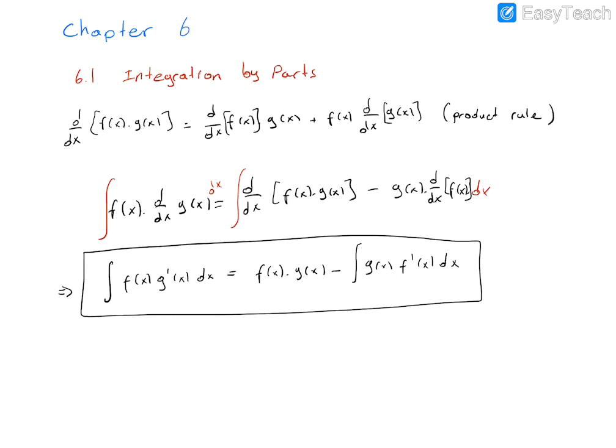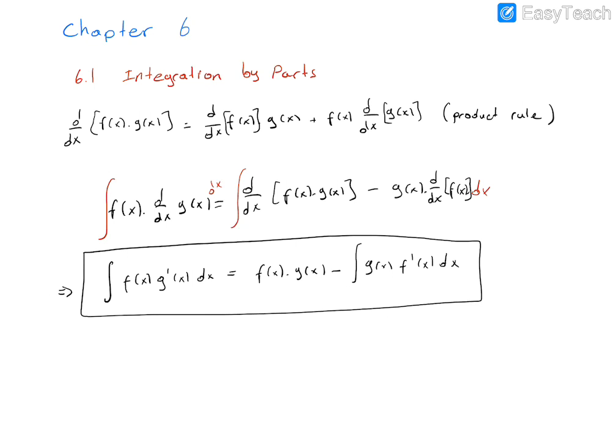Maybe I should emphasize something here. In the first integral, to the right side of the equation, there should be a constant term c.